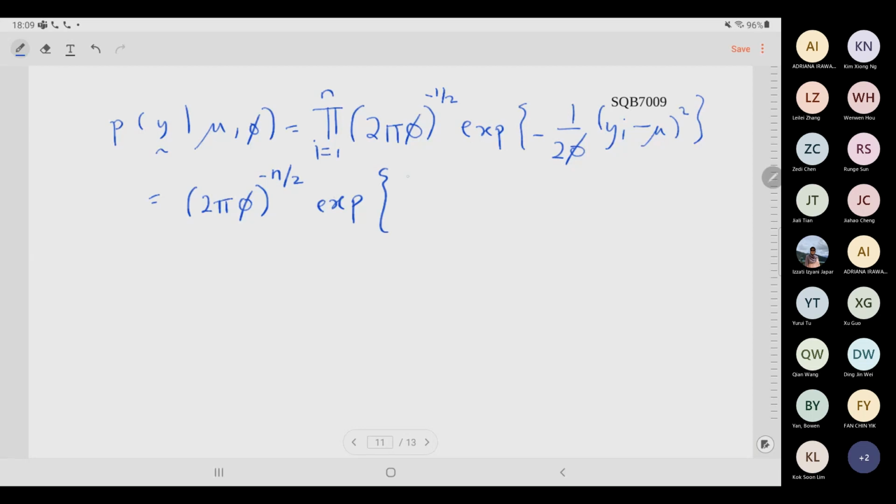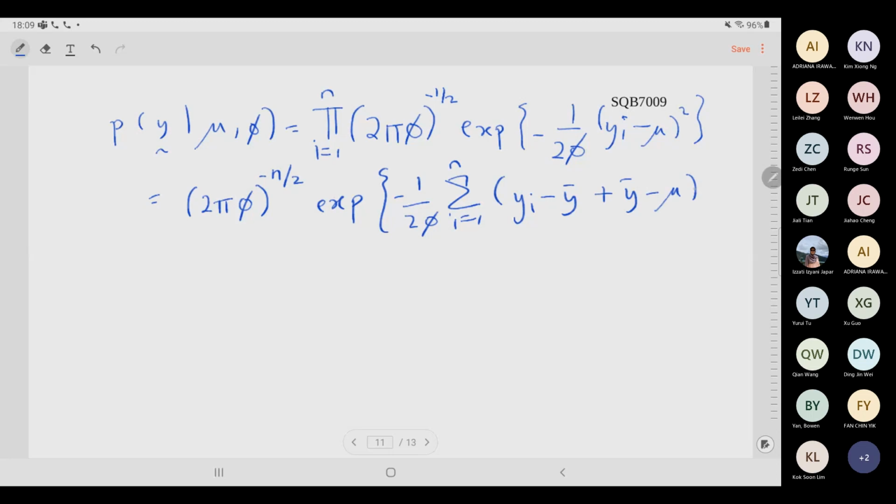So you will have a summation, right? i from 1 to n. Okay, and it's actually y_i minus mu. So what happened is I will put in my y bar.